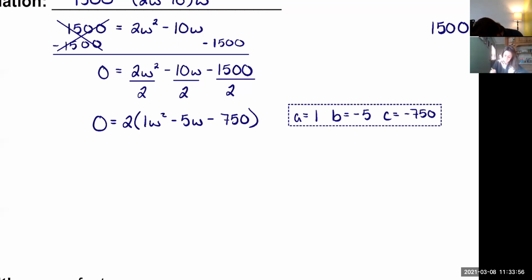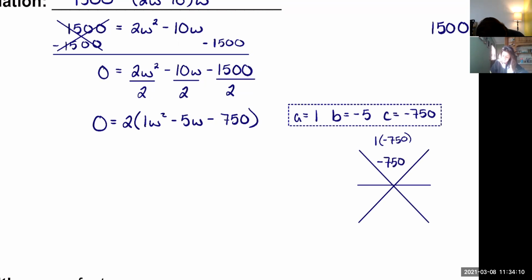Going into asterisk mode. A times C on top, 1 times -750 is -750. A on either side are 1s. B on the bottom, -5.